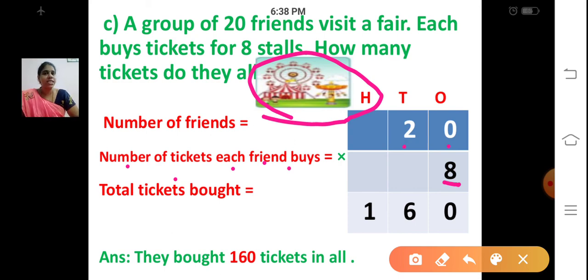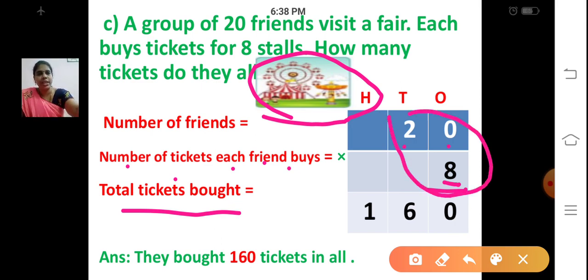So each one is buying 8 tickets for 8 stalls. So the number of friends is 20, and each friend buys 8 tickets. Total tickets bought: now we are going to find out the total tickets bought. So now we are going to do multiplication. 20 into 8. The same way, 0 into 8 is 0, 2 8s are 16.